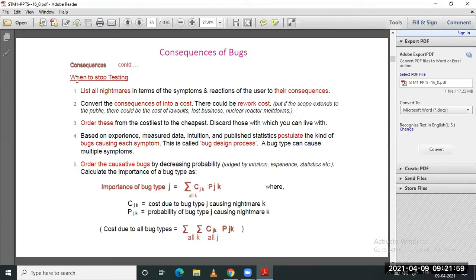So, when to stop testing? List all nightmares in terms of symptoms and the reactions of the user to their consequences. Convert the consequences into a cost; there could be rework cost.